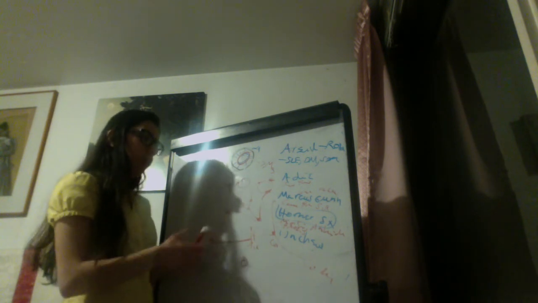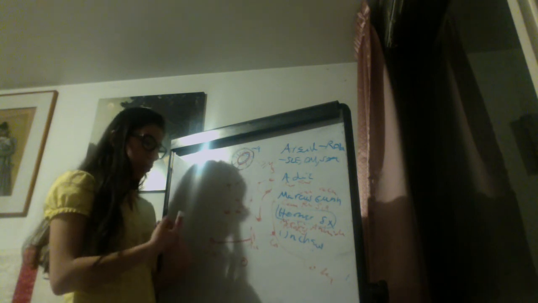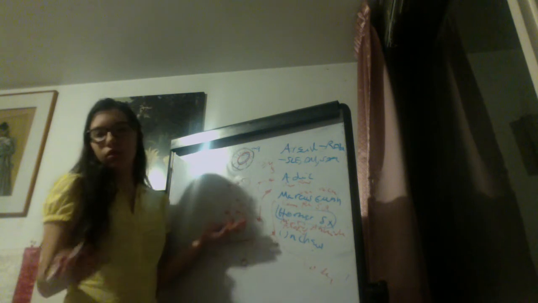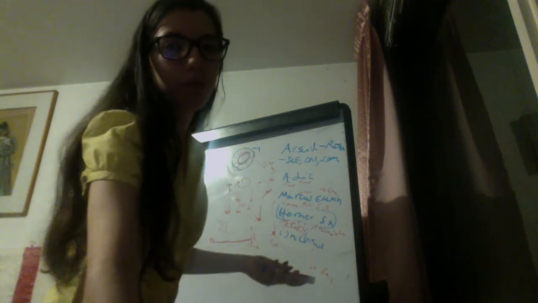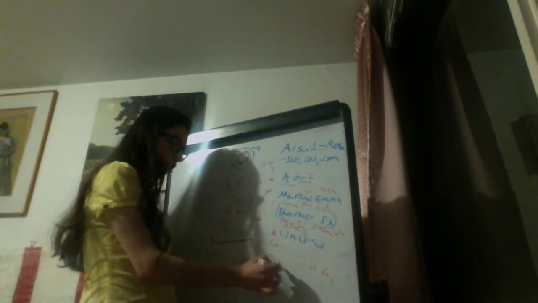So the patient would present only with damage to the parasympathetic pathway. Only that would be no miosis. So the pupil would be in a fixed, dilated position.